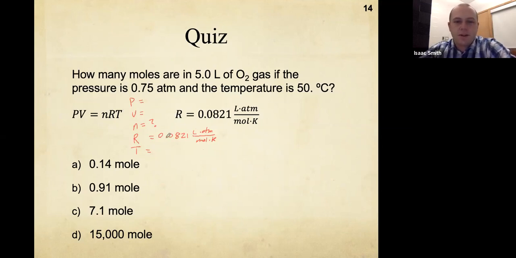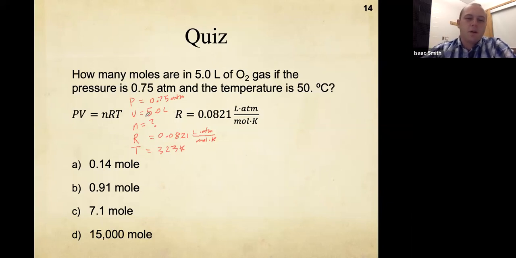Moles are in 5 liters of oxygen gas, so our volume is 5 liters. And pressure is 0.75 atmospheres. And the temperature is 50 degrees Celsius, which would be 323 Kelvin, I believe.